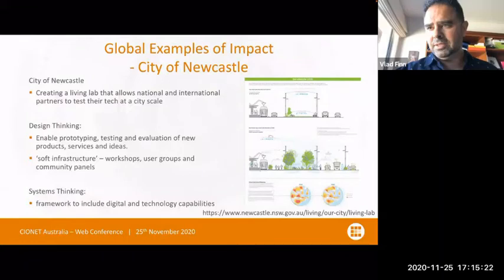Most people in the smart city space have products provided to them. They buy equipment, monitoring, smart rubbish bins, sensors and so forth. Whereas the City of Newcastle took a different approach.